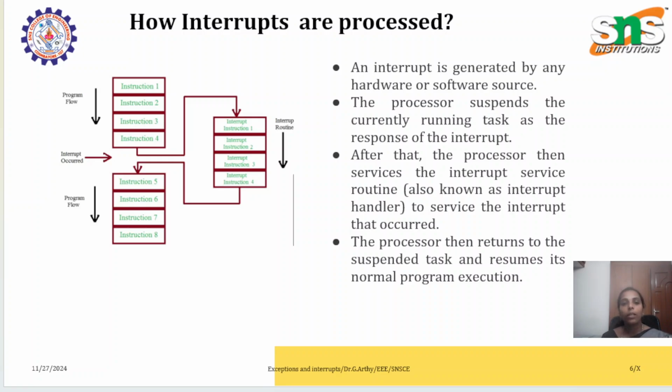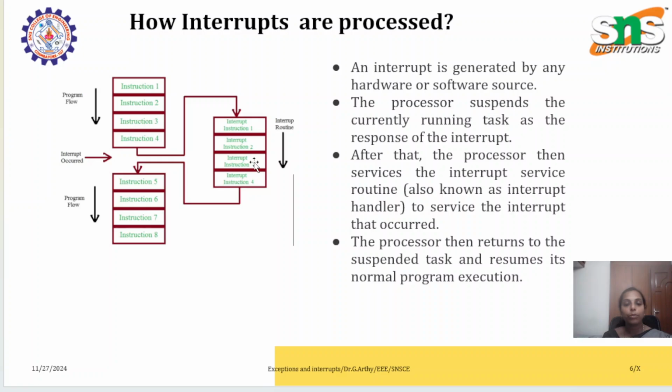See, this is the normal execution of an interrupt or exception. We have already discussed this when we discussed the architecture. This is the normal program flow, normally instruction 1, 2, 3, 4, 5, 6, 7, 8. If after executing instruction 4 any exception occurs, then based on the priority of the exception or the interrupt, it will move to the interrupt service routine, or the procedure for the exception.